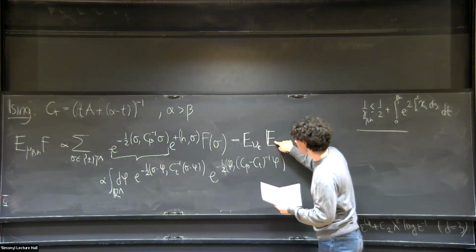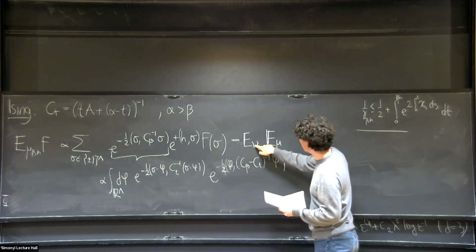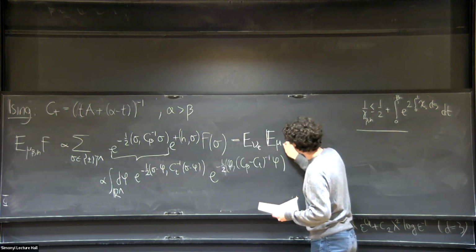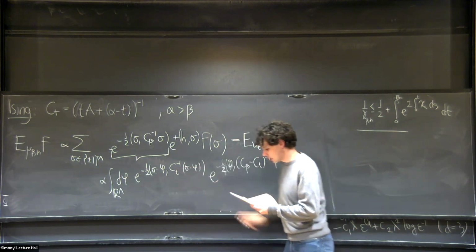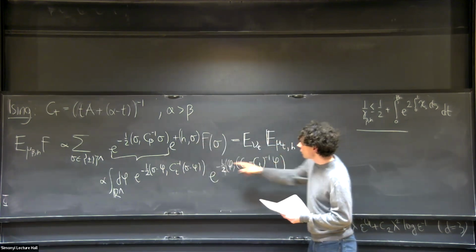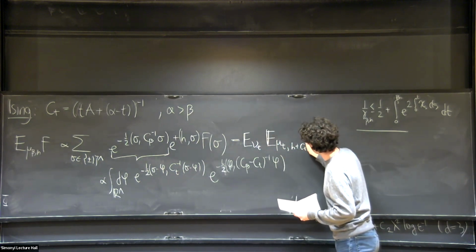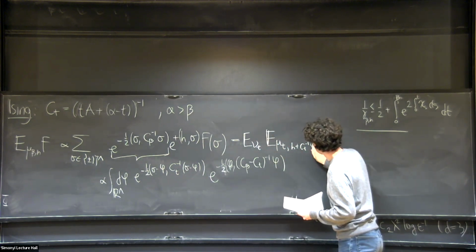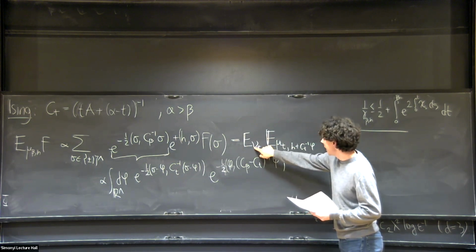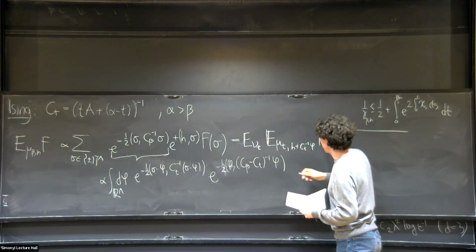And then we have an Ising measure inside, where I'm using mu for the Ising measure at temperature T. The external field is the old external field, and then we have a new external field, which is plus C_T inverse H, phi. So there's a phi in this measure, and this is applied to f of sigma.